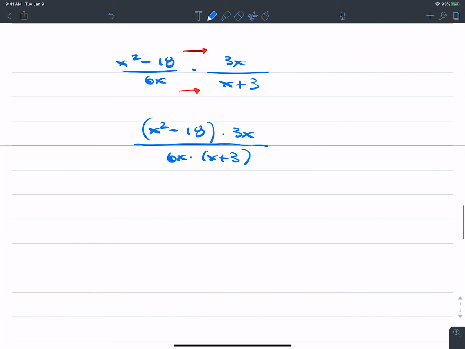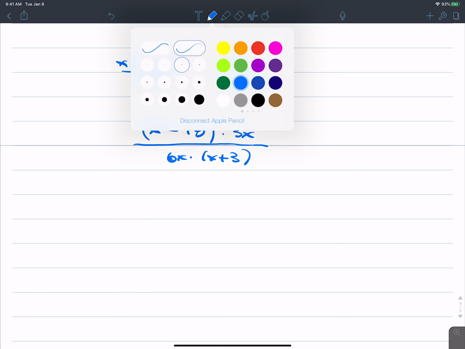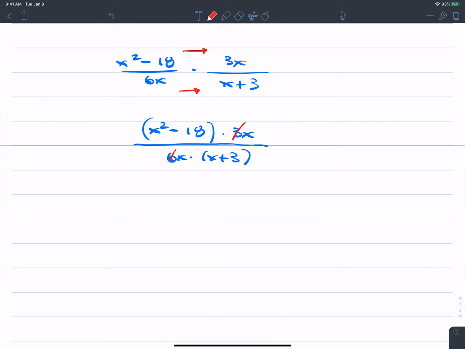And at this point, what you want to see here is where you can simplify. What cancels? The 3 here and the 6 cancels, that leaves a 2. The x and the x cancels because it's the same exact term. Now you're left with x squared minus 18 over 2 times x plus 3.